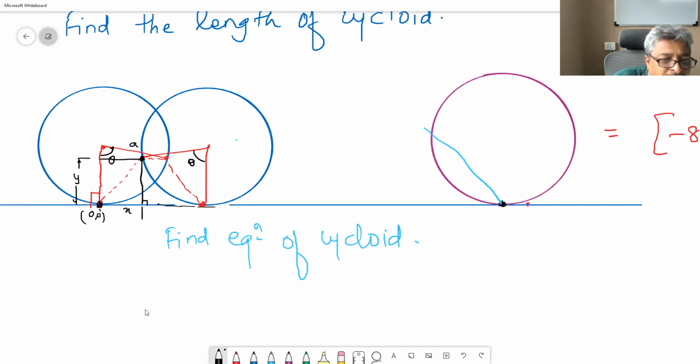If you take this dotted line ahead, it will reach this point, and therefore this point is also important to us. This distance is x, this distance is y, but how much is this distance? This distance is a sine theta. Is that correct? And this is a sine theta.